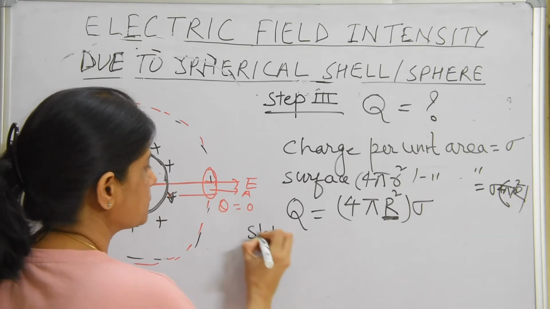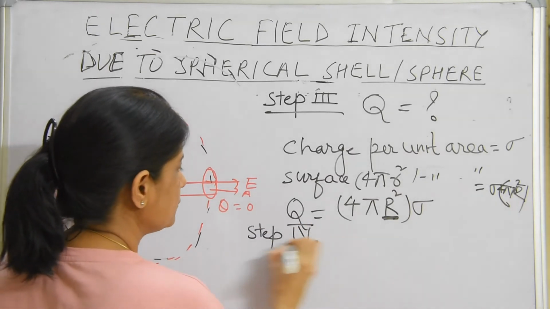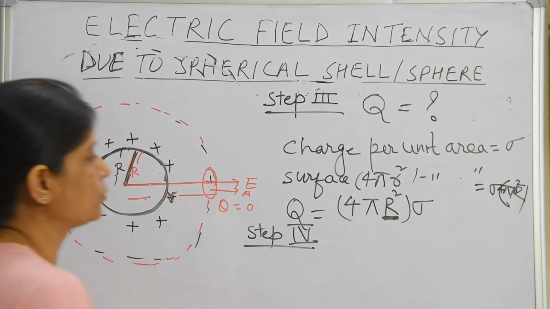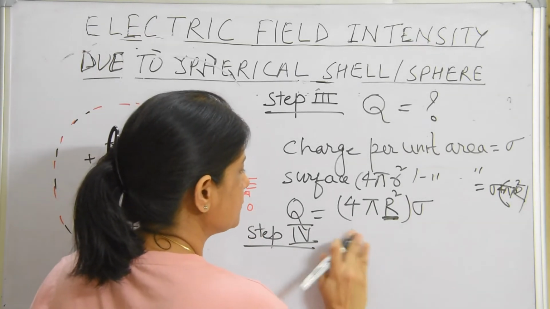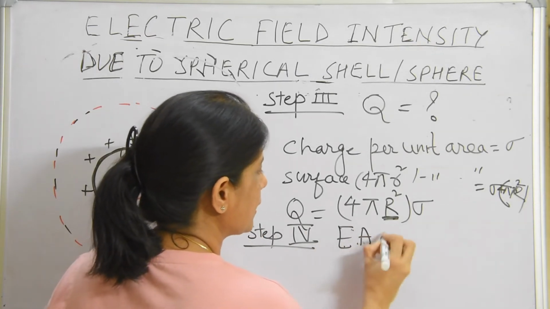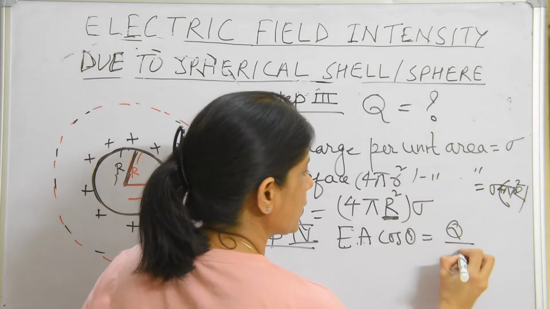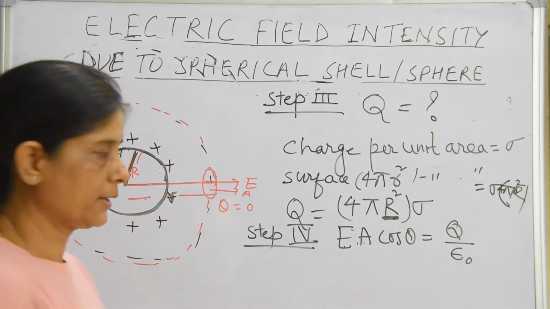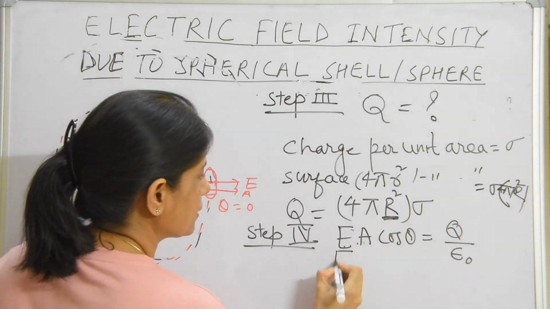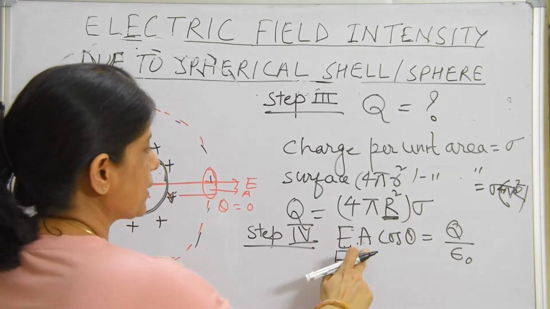Step number 4 is we have to apply the formula. The formula is E A cos theta is equal to Q upon epsilon naught. We have to find the value of E. We will write it as it is. Now what is A?